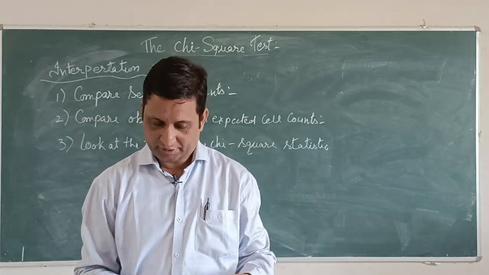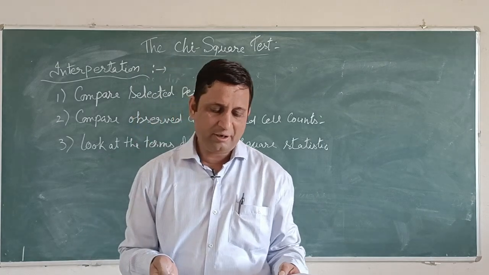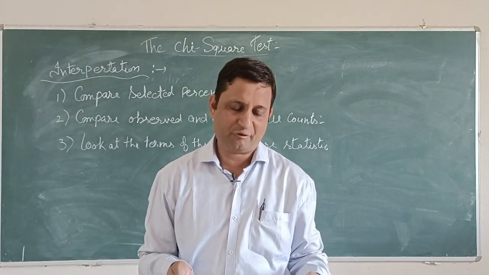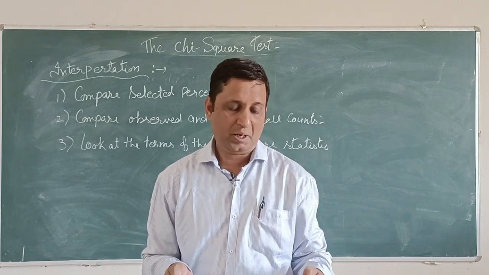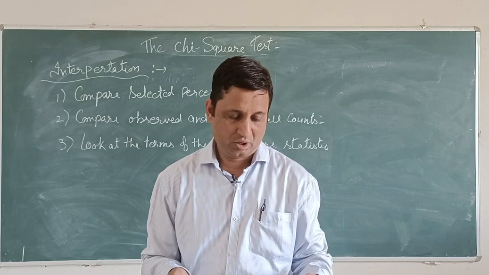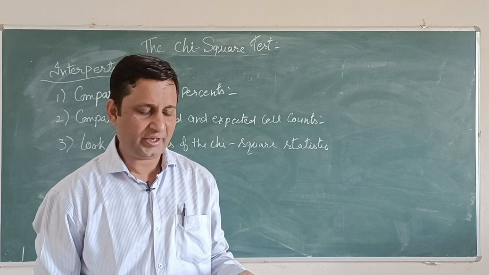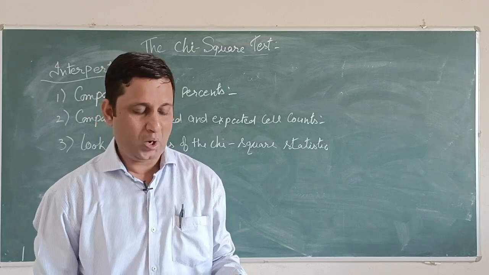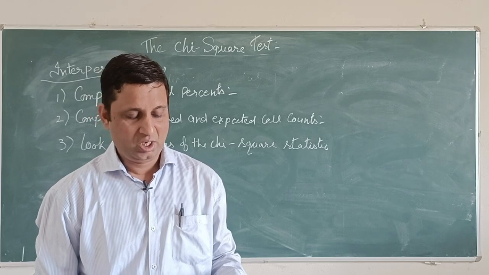In the table, in this example, only 5 graduate students preferred face-to-face instruction, compared with the expected value of 18. 40 undergraduate students preferred face-to-face instruction while the expected value is 27.